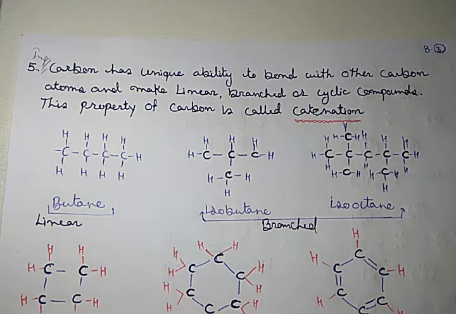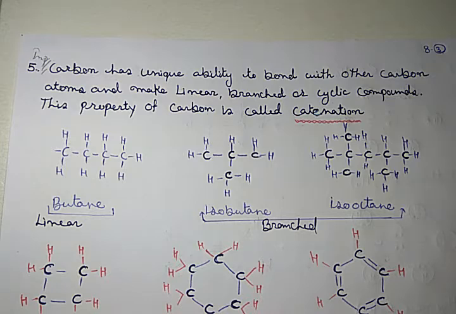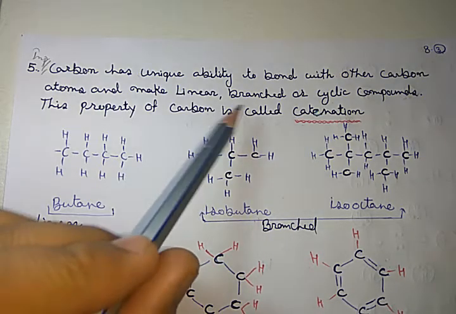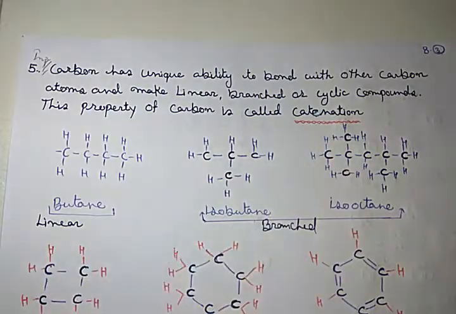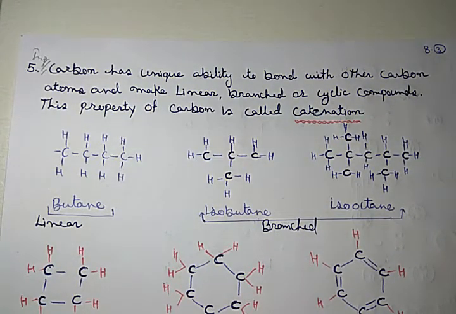Got it? So carbon has a unique ability to bond with other carbon atoms and make linear, or we can say unbranched, second branched, or third cyclic compounds. That means carbon combines with carbon and can make three types of structures.